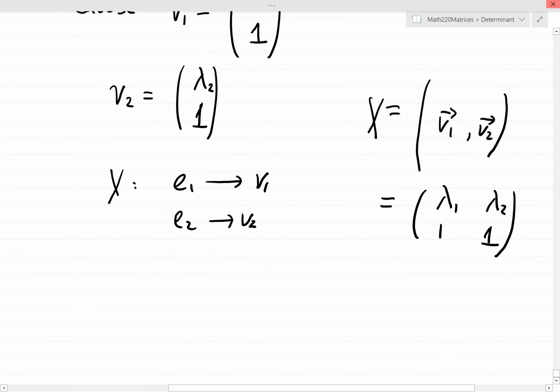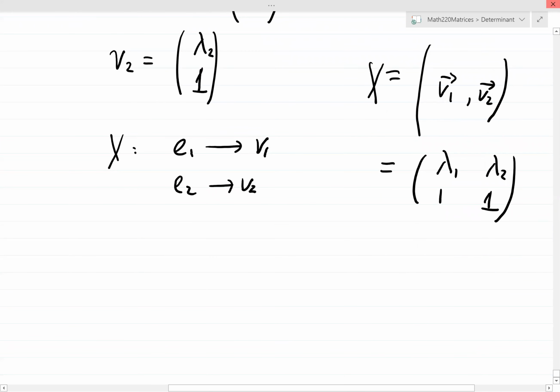And you can find the inverse, the inverse of the 2 by 2 determinant.